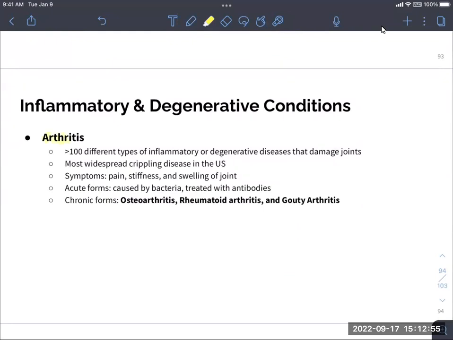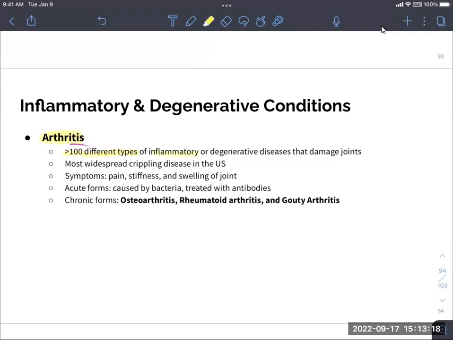Arthritis has itis, some kind of inflammation. Arthro means joints, so inflammation of the joints. There's over 100 different types of arthritises.